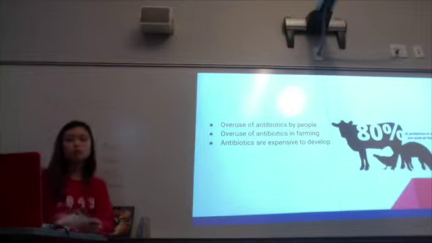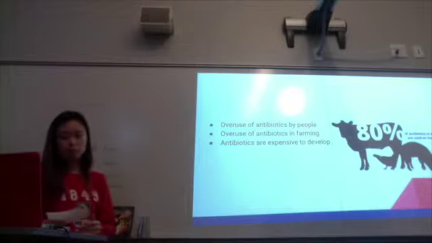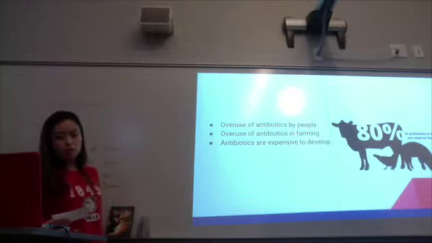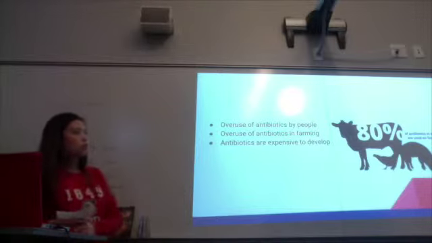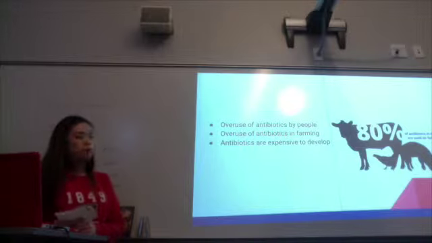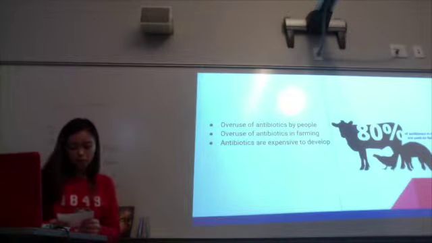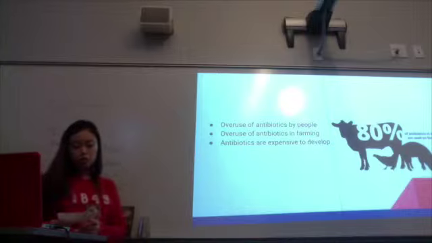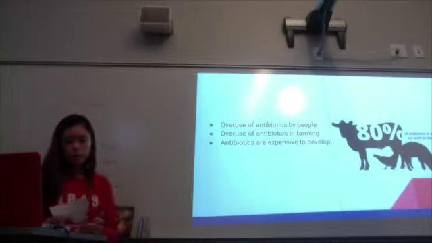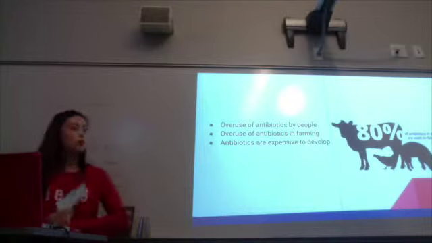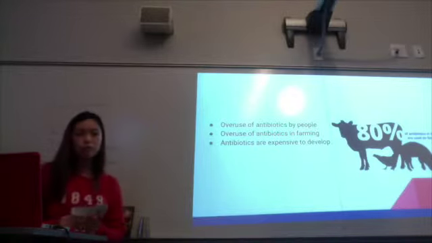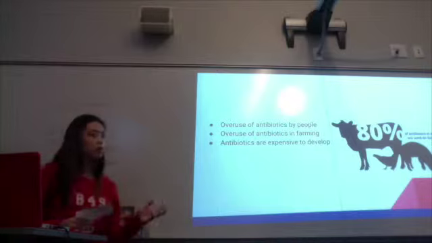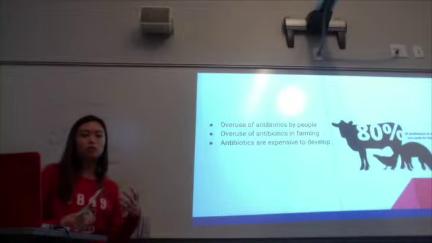And the second reason is the overuse by farm animals. 80% of antibiotics in the US are used on factory farms. Actually, animals consume more antibiotics than humans, and people feed them antibiotics to prevent infections, because farms are usually very overcrowded and in dirty conditions.